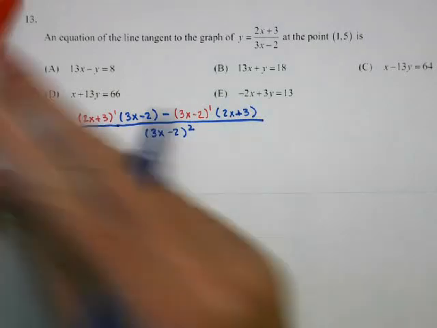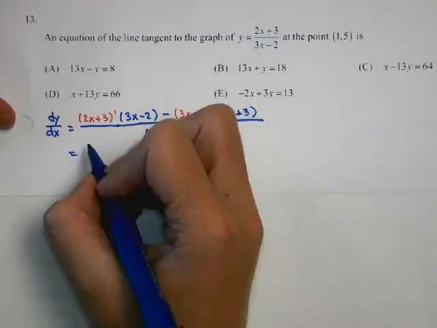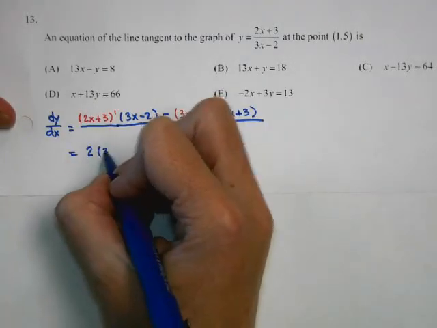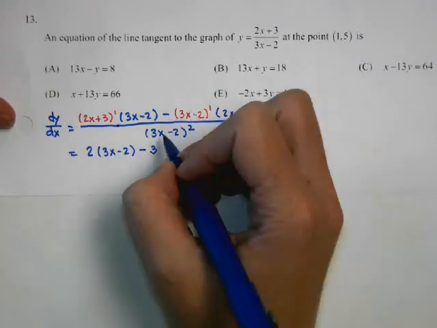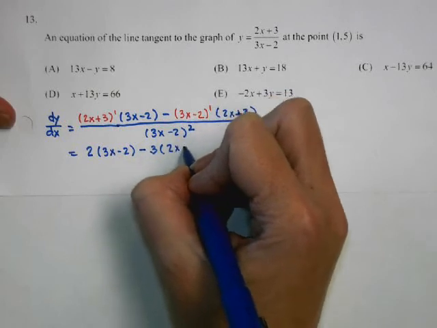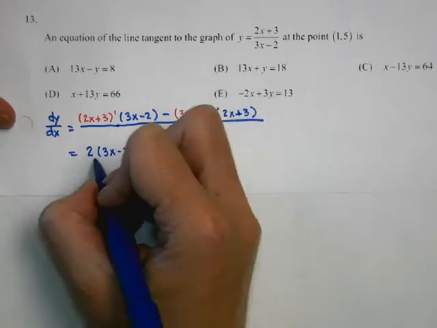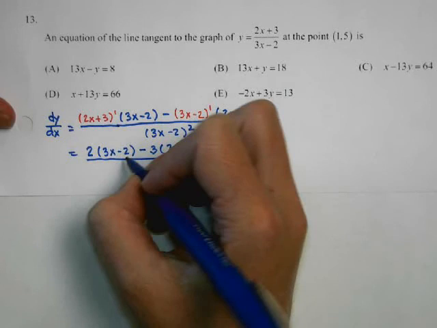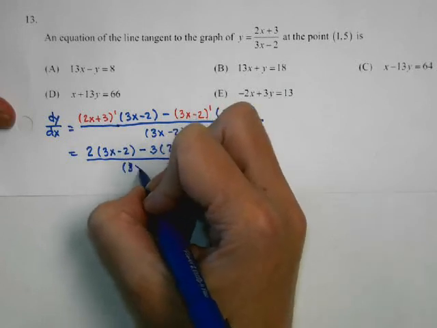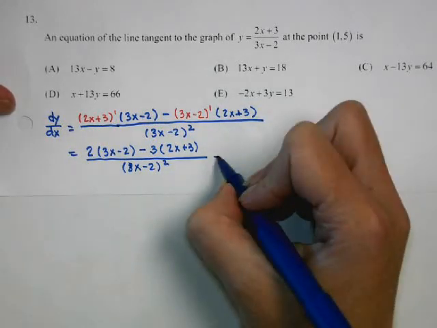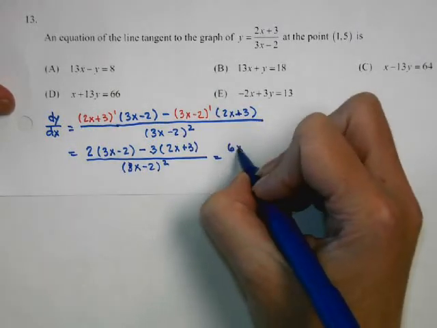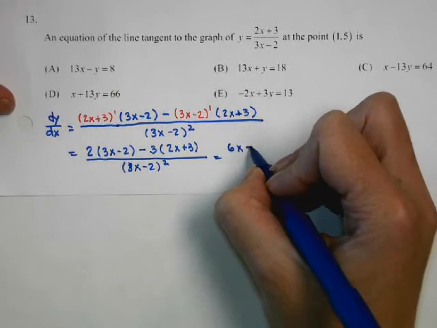So the derivative of this is 2, derivative of this is 3, squared. So we're going to have a 6x minus 4.